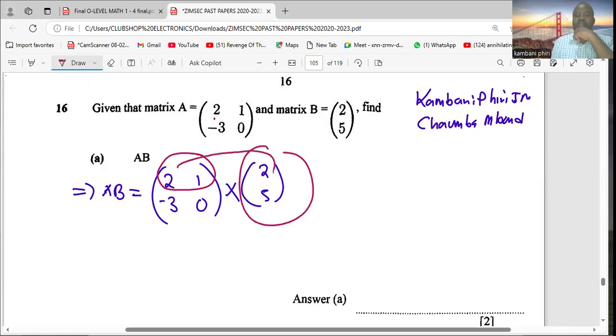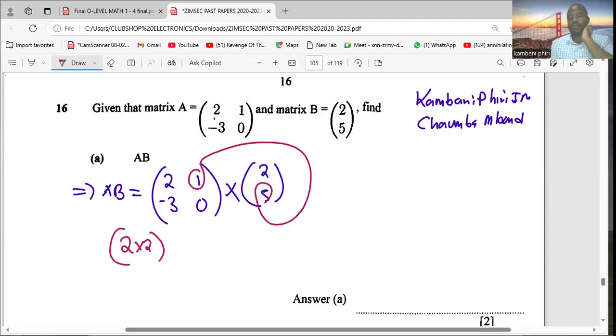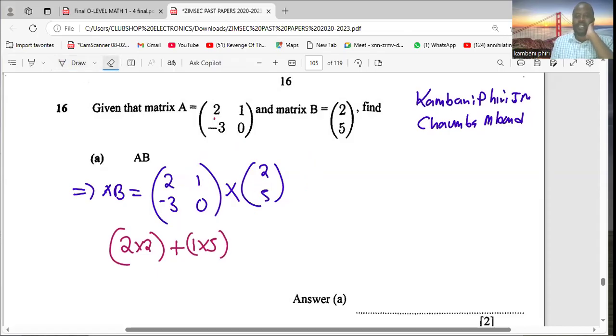The first number here with this one, so that will be 2 by 2, plus the second number here multiplied with this, so plus 1 multiplied by 5. Then we go to the second row. So we have this with that. So negative 3 by 2 plus 0 by 5.